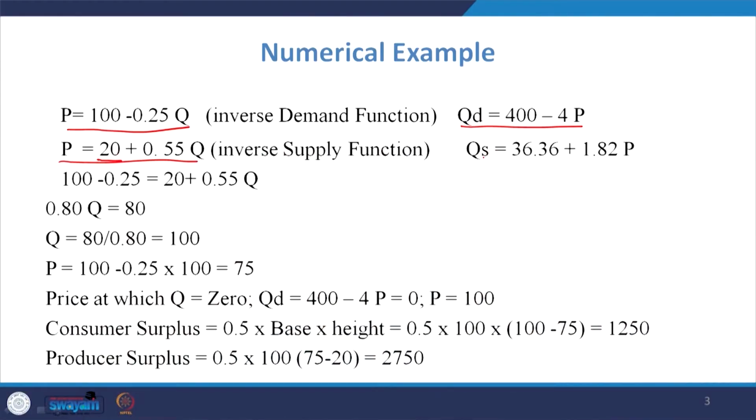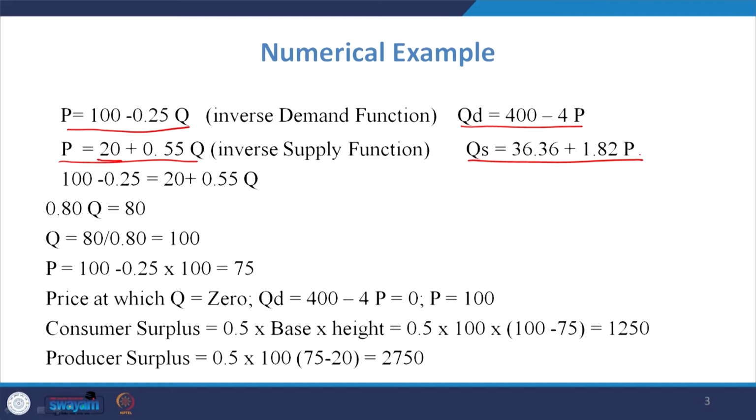So, if the price is not recovering this kind of fixed or variable cost, etc., then the producer would not be able to supply the product in the market. Now, you can also convert this function into a supply function, and that is 36.36 plus 1.82 P, and we can estimate the equilibrium level of price and quantity by using both the functions.